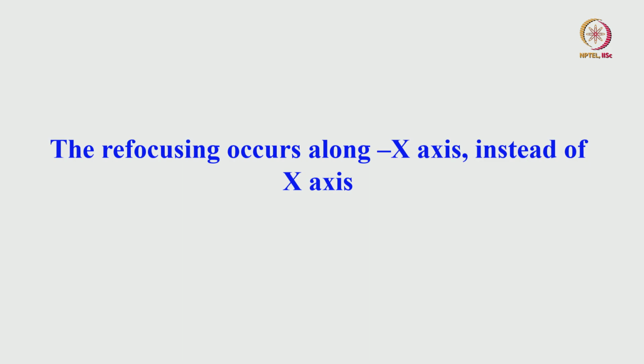If you apply a 180 pulse along the y axis, there was a refocusing along the minus x axis. That is all. There is no difference except the refocusing axis is different, but chemical shifts are always refocused. So please remember, whether you apply a 180 pulse along the x axis or along the y axis, there is chemical shift refocusing in the homonuclear case.